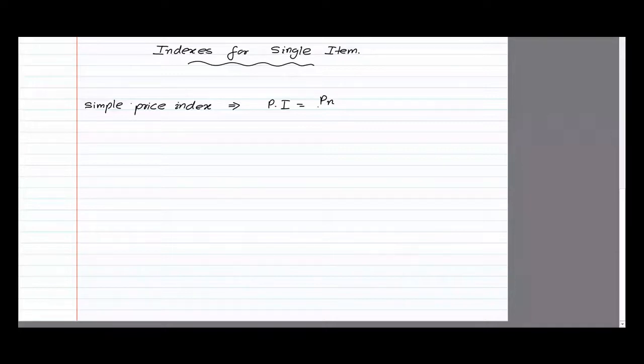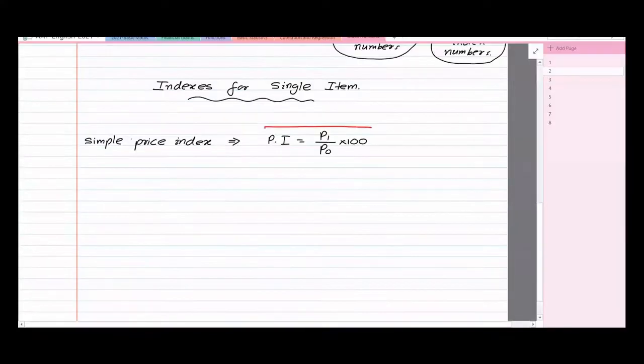In the same way, the quantity index is Q1 over Q0 into 100.